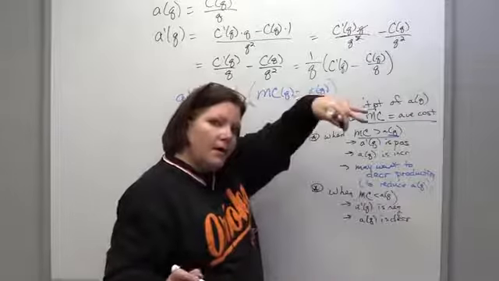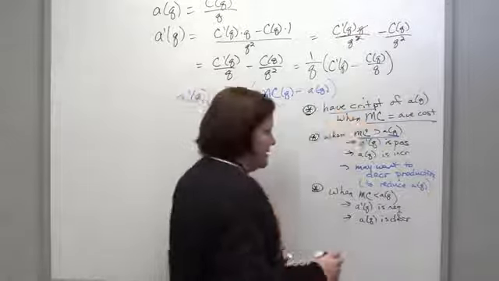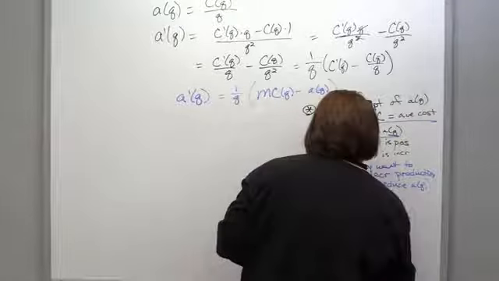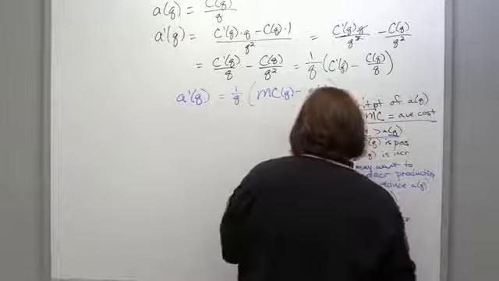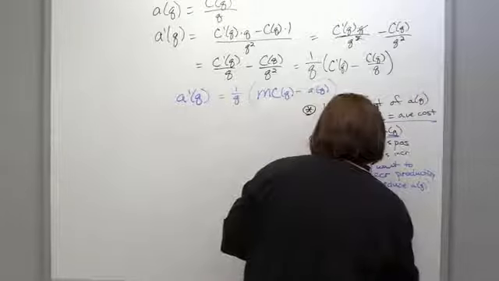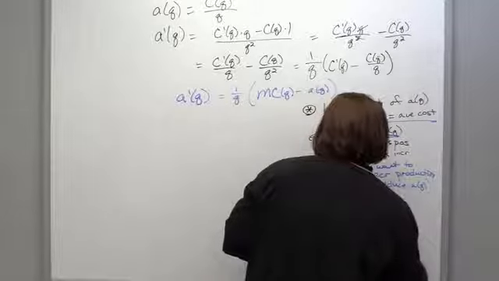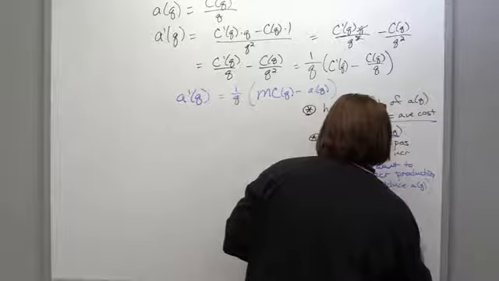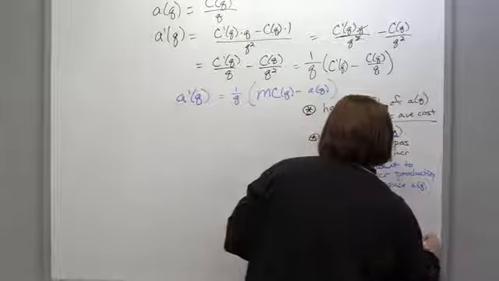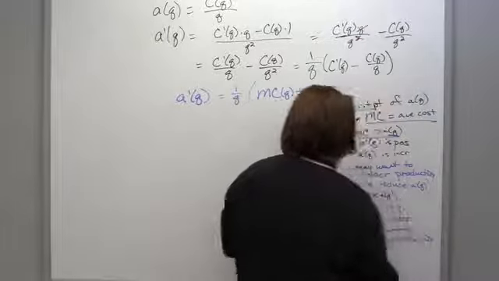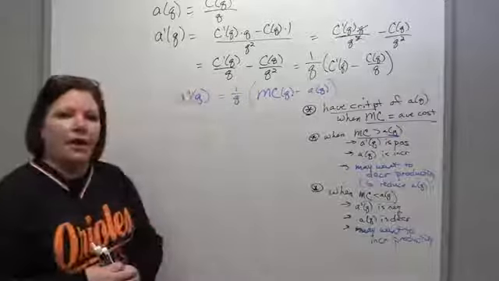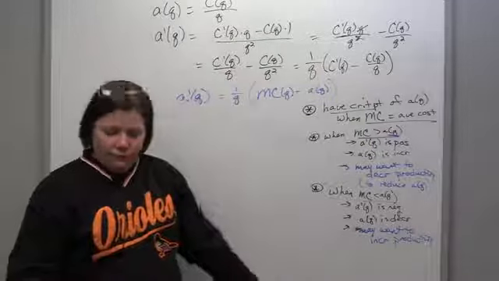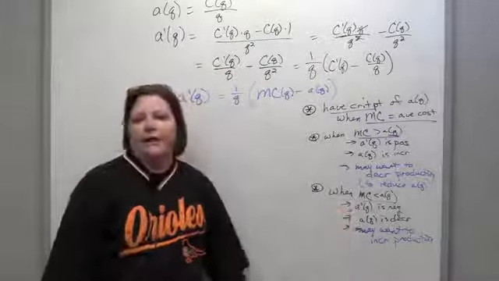So we're on the part of the curve where average cost is decreasing, and we may want to increase production when marginal cost is less than average cost. And when we have formulas, we could figure that out when A prime is negative.